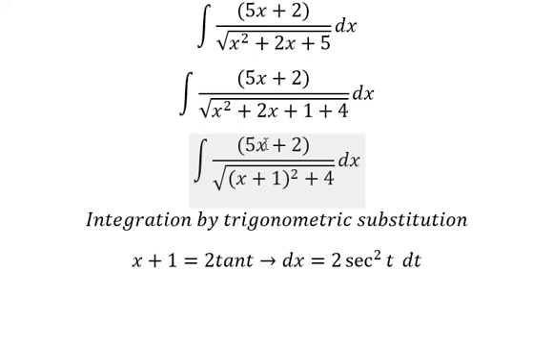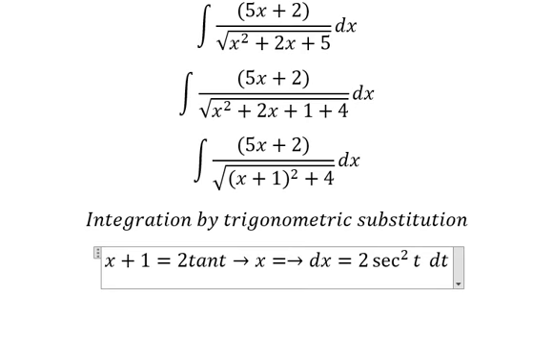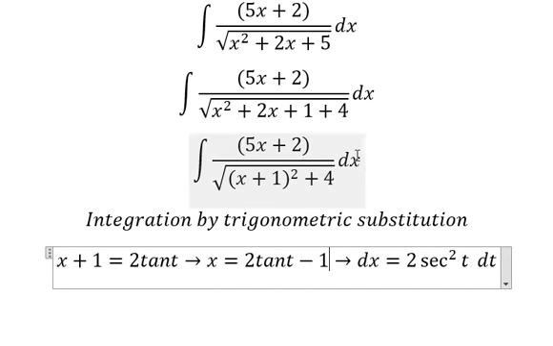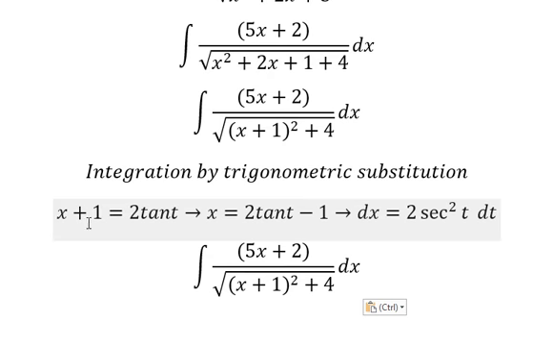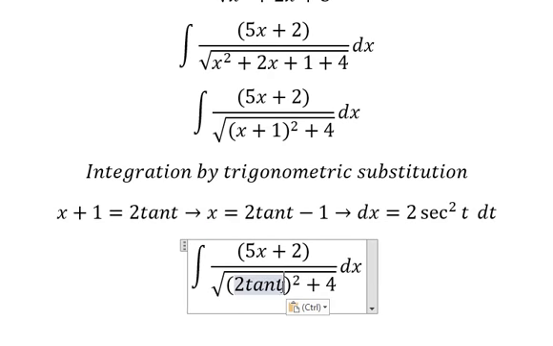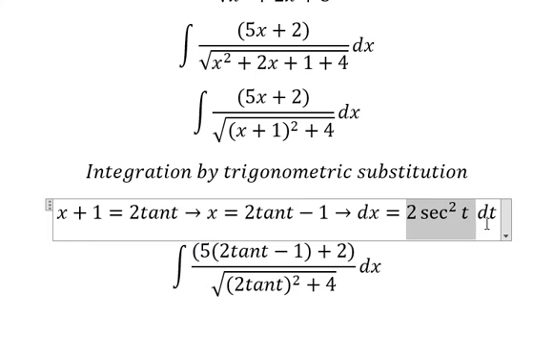Next, because we still have s in here, we put number 1 to the right, and you get s equals to 2 tan t minus 1. So we put this one in here, and s we change for this one, ds we change for this one.